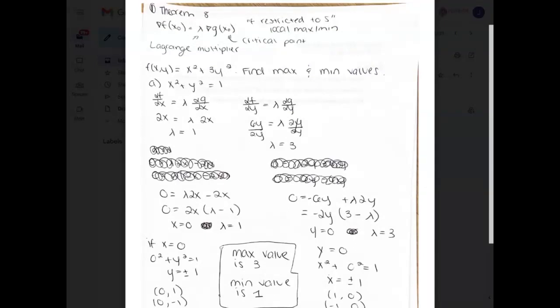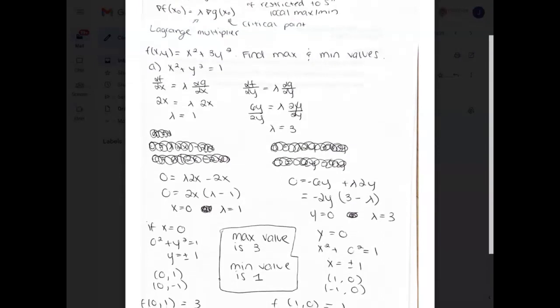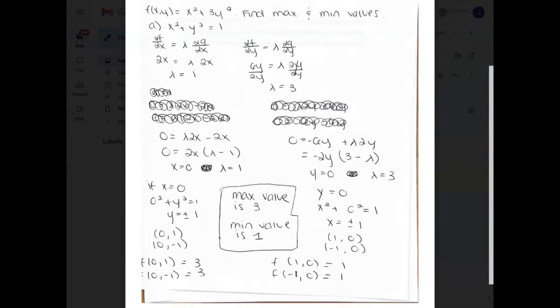So I did lambda times partial g partial x minus partial f partial x. So partial g partial x was 2x, and then partial f partial x was also 2x. So I got lambda times 2x minus 2x is equal to 0.